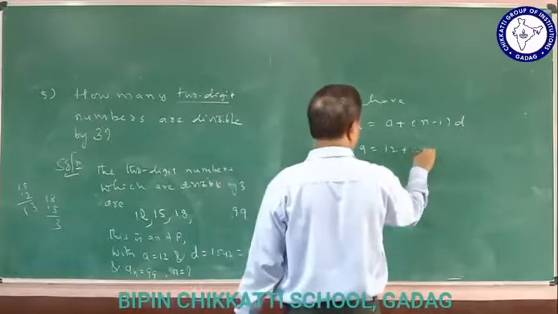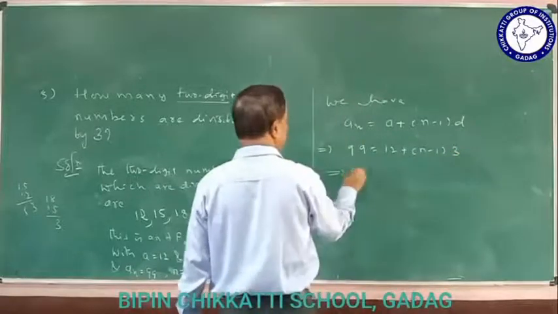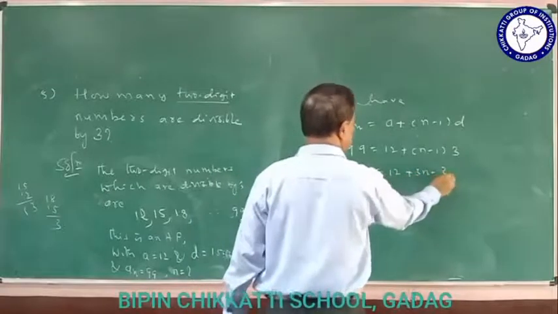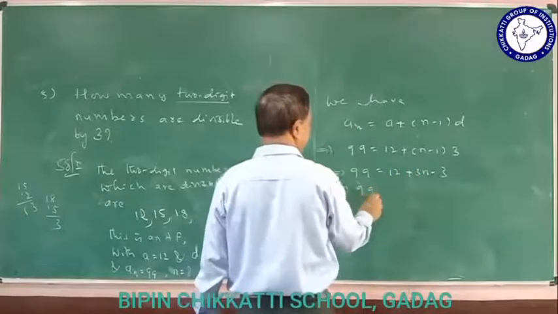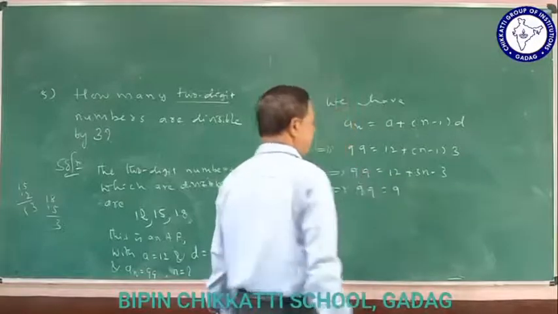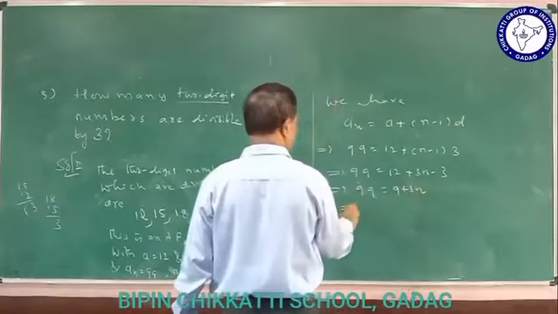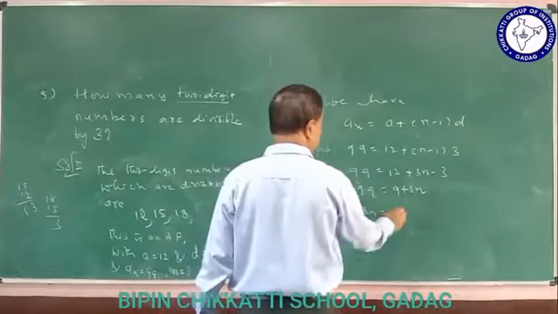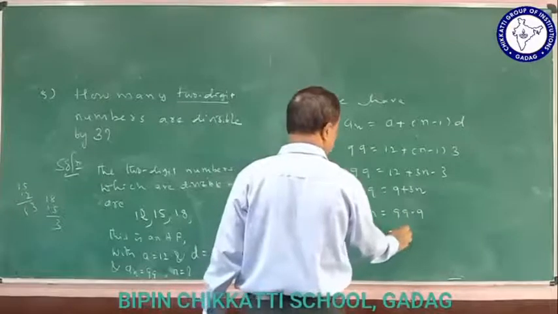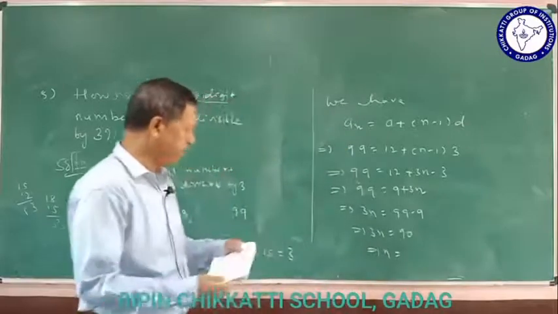We don't know n, and d is 3. So 99 = 12 + 3n minus 3. This gives 99 = 9 + 3n, since 12 minus 3 is 9. So 3n = 99 minus 9, which is 3n = 90. So what is the value of n? n is what?